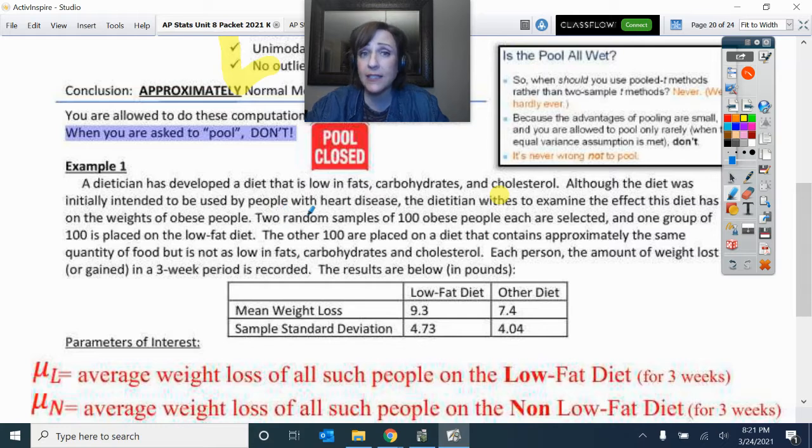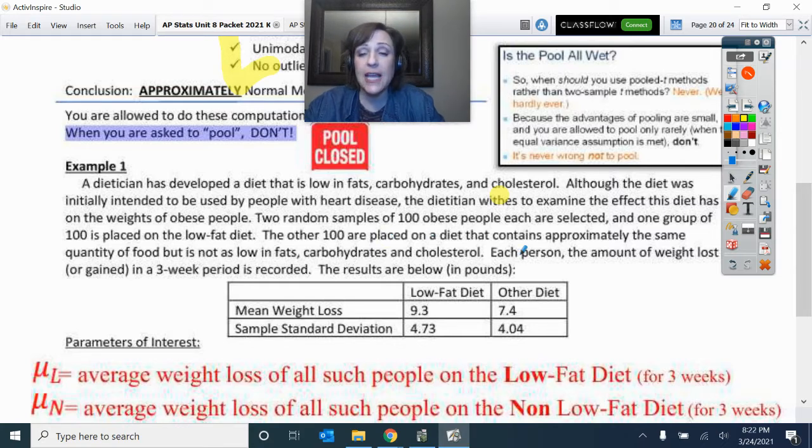So two random samples of 100 obese people are selected, and one group is assigned to the low-fat diet, and the other group is assigned, it doesn't say assigned, but I think it implies this, to a diet that contains approximately the same quantity of food, but is not as low in fats, calories, carbohydrates, and cholesterol.